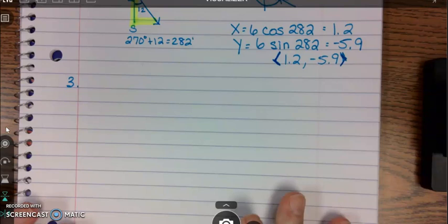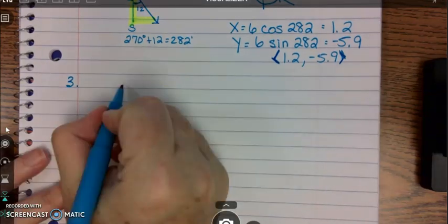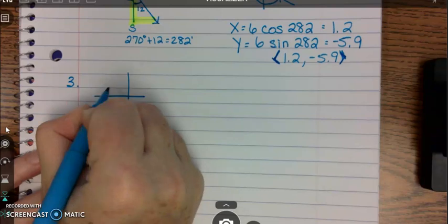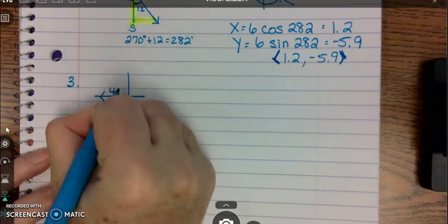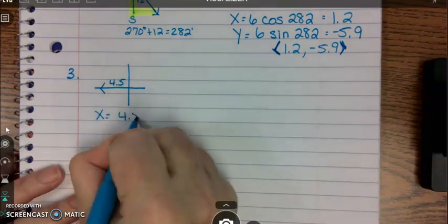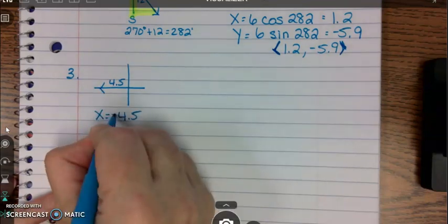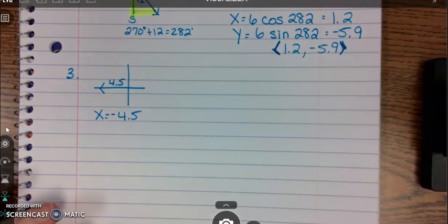Number 3. Jackson is canoeing and going due west 4.5. Please be careful. Most people are going to say x is 4.5, but it really is not. Because we're going in the negative x direction, it should be negative 4.5.